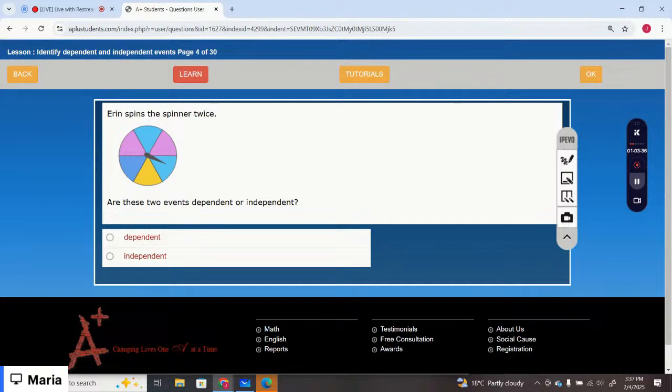Aaron spins the spinner twice. Are these two events dependent or independent?